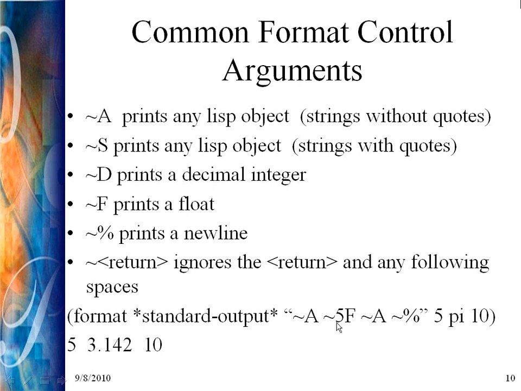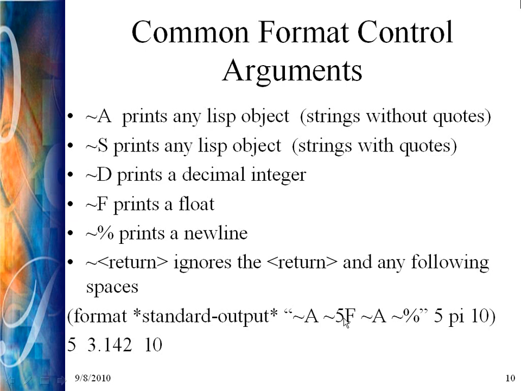Here's another example. Now, there's another thing about these format control characters. The tilde begins the control character, the letter and certain non-alphabetic symbols end the control character, and there can be additional arguments in between.